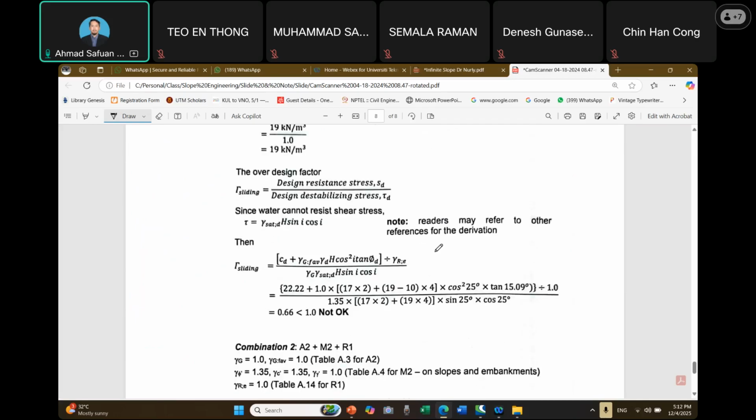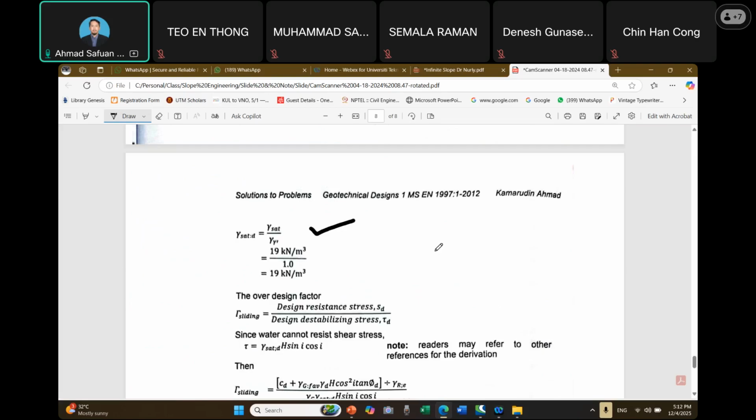As I mentioned before, for the driving force, or what they call the design destabilizing stress, tau D, for the unit weights of water we may not use the effective unit weights.